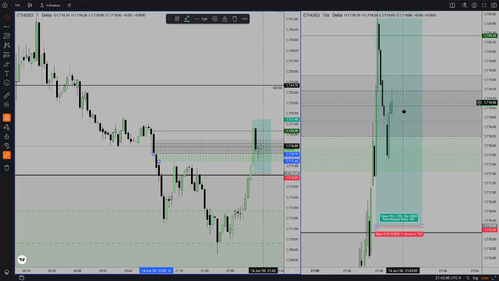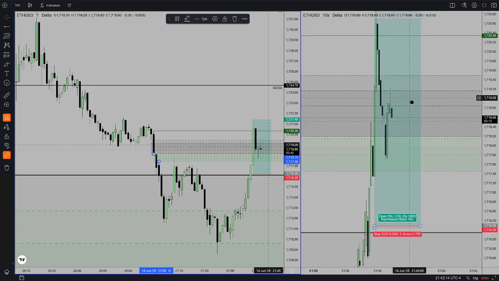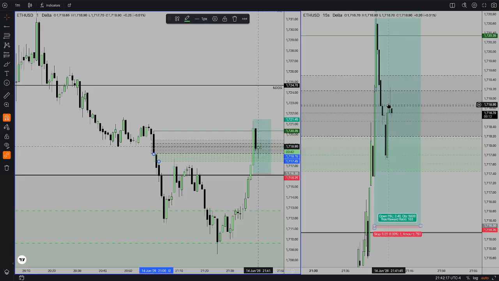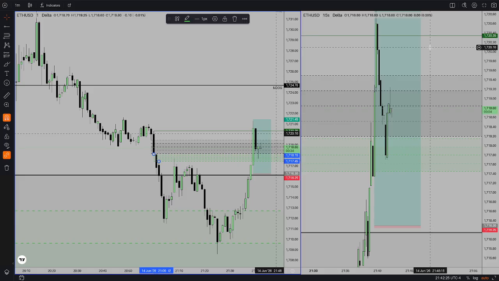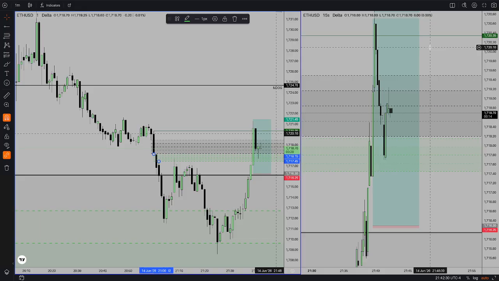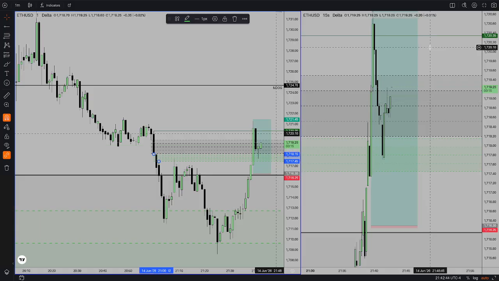Let's see how the upper quadrant is allowing or not allowing the price to move from there. This is very important. Should not leave this position. Let's see how it reacts.